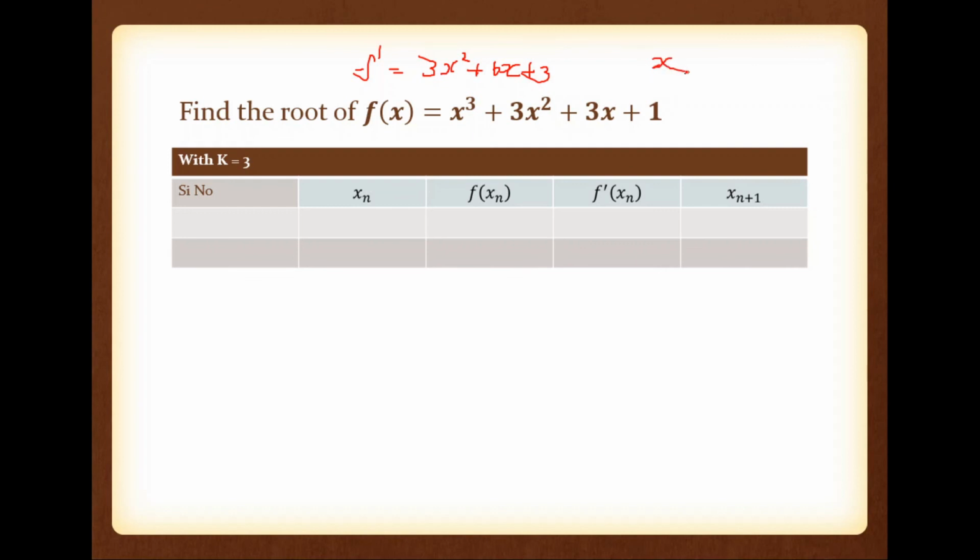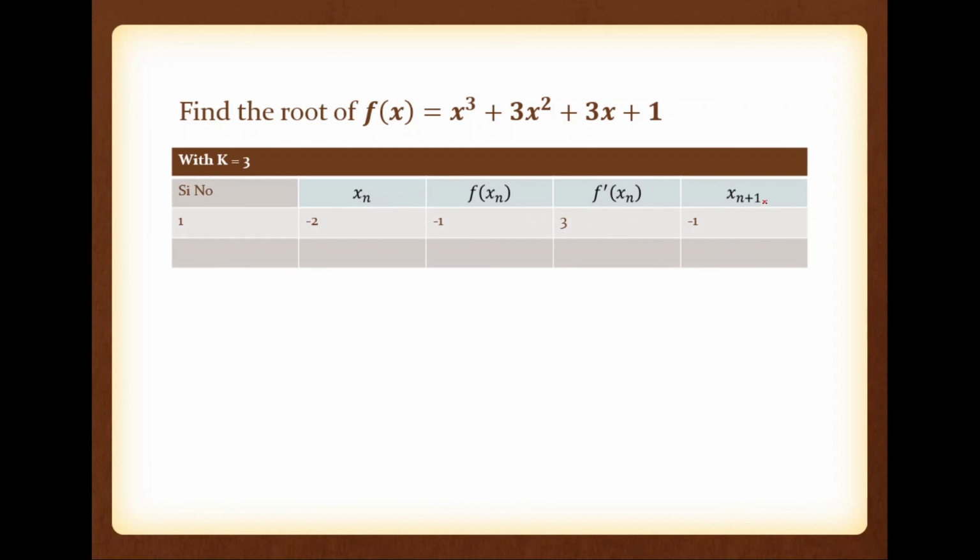Xn plus 1 equal to xn minus k times f of xn divided by f dash of xn, right? So again, if you are using xn equal to minus 2 for first iteration, then xn is minus 2, f of xn is minus 1, then f dash of xn is 3.